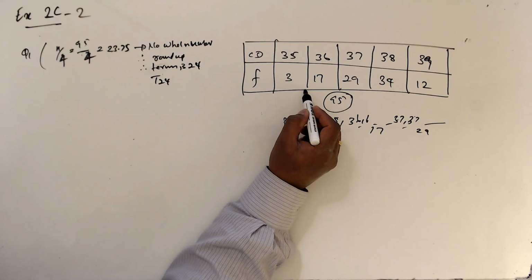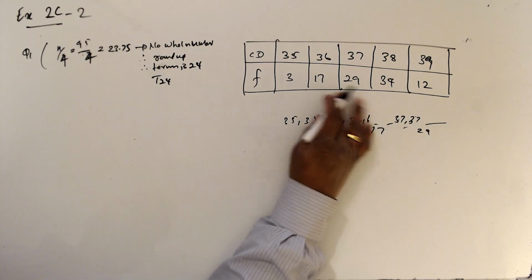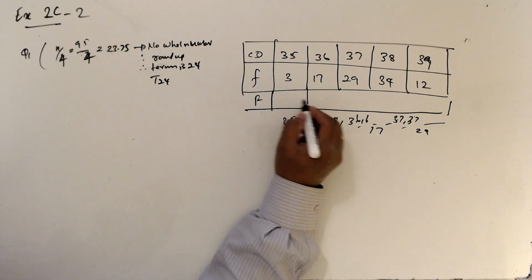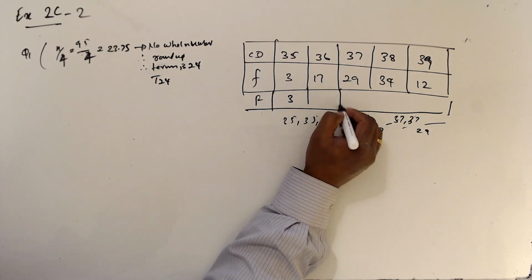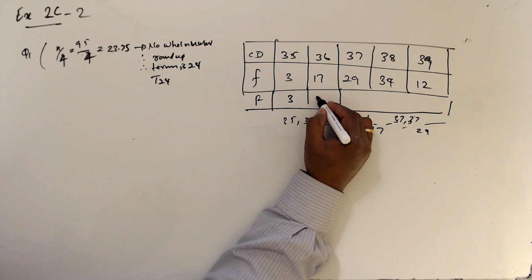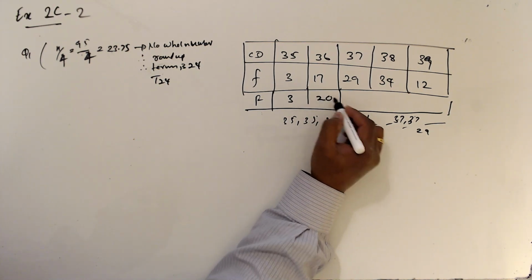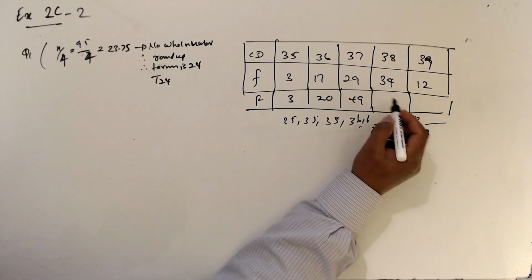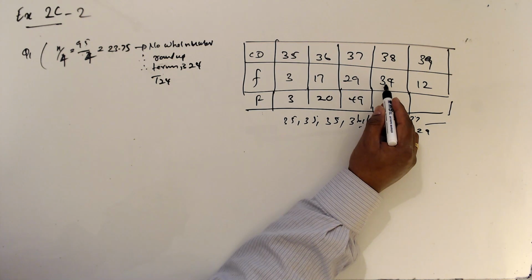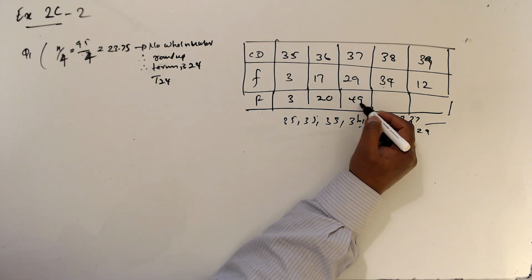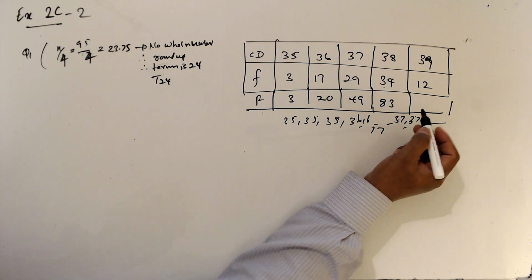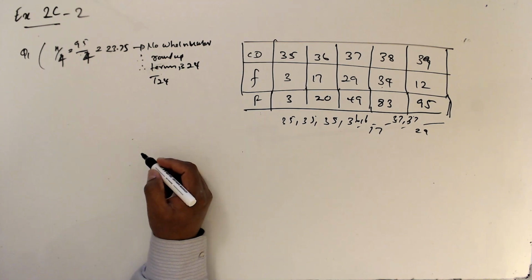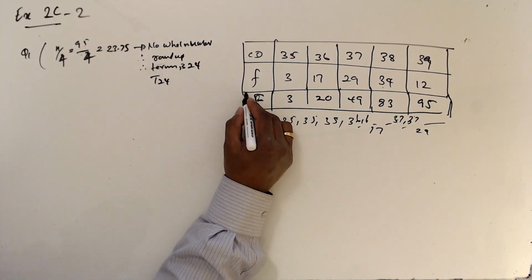Up to here 3. Then we'll go with the cumulative frequency, capital F. This is going to be 3, and 3 plus 17 is 20, 20 plus 29 is 49, 49 plus 34 is 83, 83 plus 12 is 95. So this is the cumulative frequency.